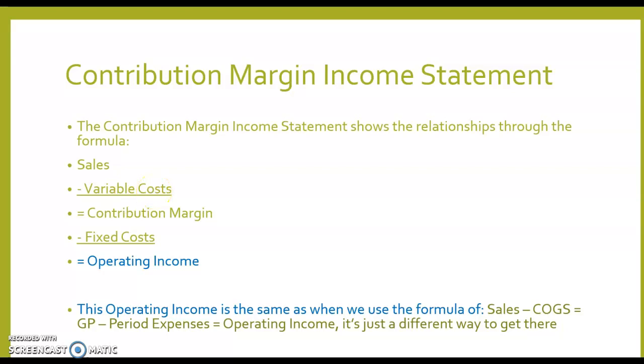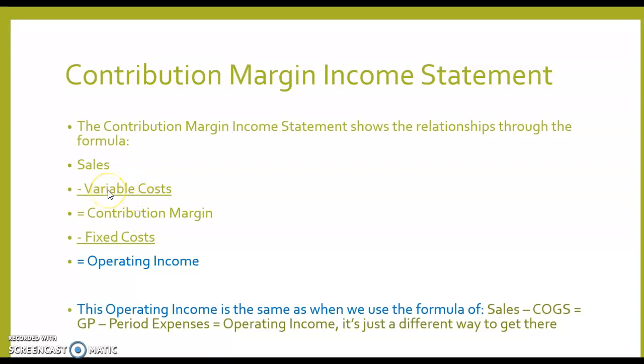Any period expenses which happen to be variable, such as commissions we pay to salespeople, normally would not be part of cost of goods sold because they're not factory related, they're an office period expense.